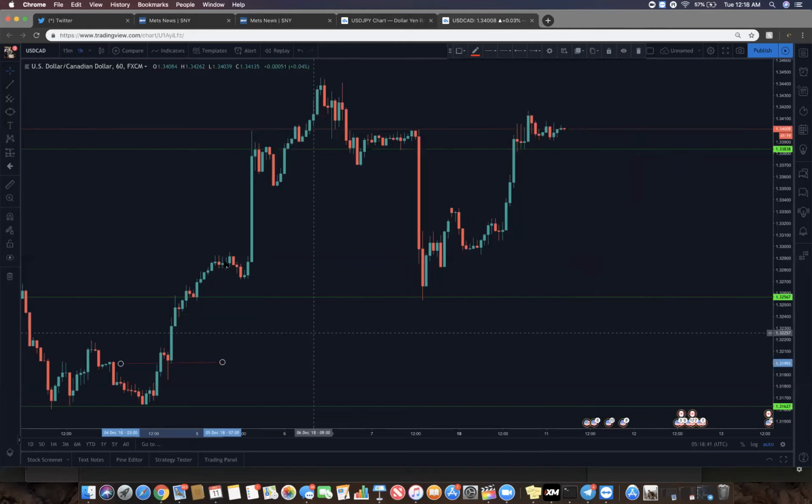For example, this first hammer right here, I see another one that's kind of opposite, and it happens a few times. I see three of them back to back, and it keeps on climbing. Yep. So I guess that's a sign, an indicator that it's going to continue to go up.